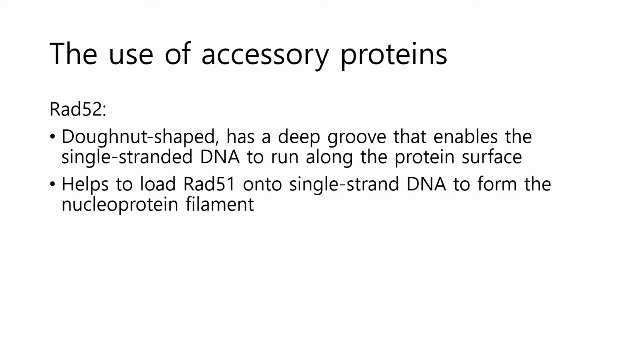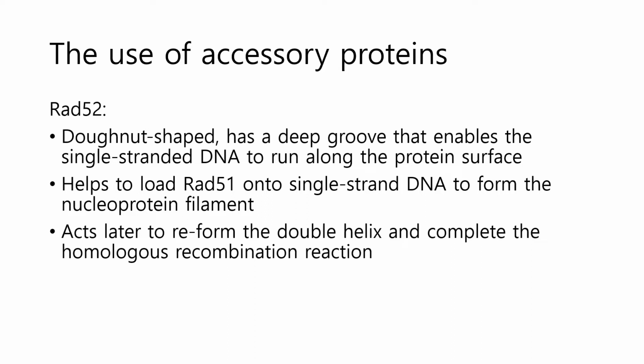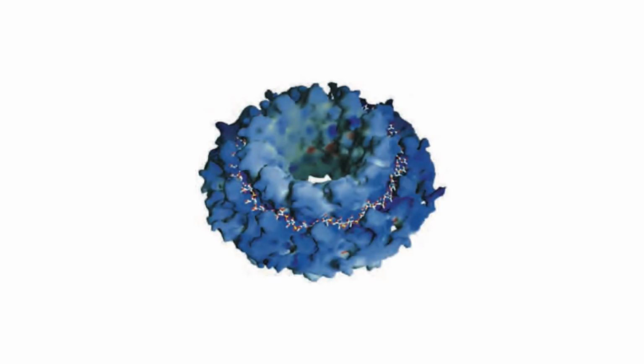It helps to load RAD51 onto single-strand DNA to form the nucleoprotein filament, and it acts later to reform the double helix and complete the homologous recombination reaction. This is the structure of a portion of RAD52. You can see the deep groove and a DNA running through it.